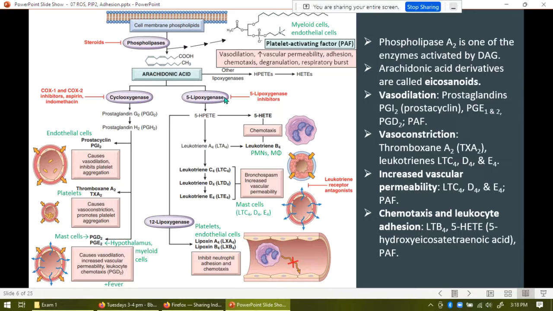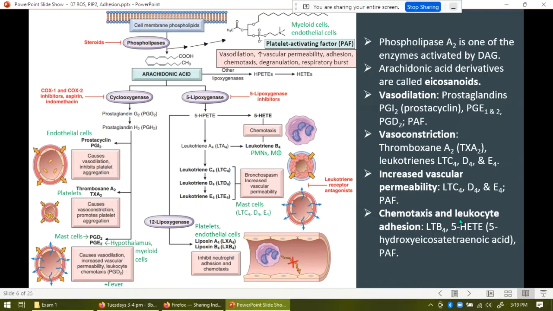In general, though, what the eicosanoids do, basically they are inflammatory mediators. Some of them result in different things than others. So you've got some that cause vasodilation, some that cause vasoconstriction. Those that cause vasoconstriction are important in things like asthma. You're looking at constriction of bronchioles in the lungs. Some of them cause increased vascular permeability.